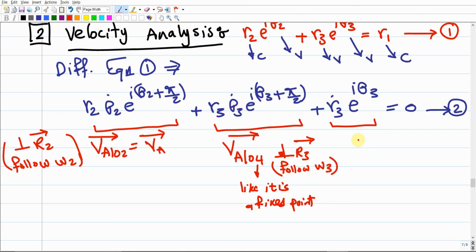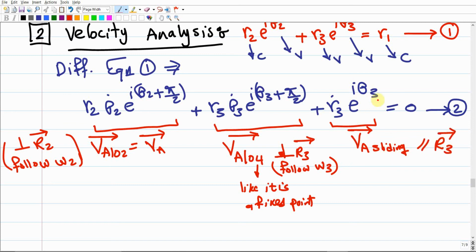But how about this term? This gives the sliding velocity, which should be like the VA sliding. It means that the point A itself has two components of the velocity. One is linear, related to the sliding, and the other is related to the rotation. Make sense? So that's why you would have two terms for the velocity of point A. This is the sliding velocity of the link inside the slider, and it should be parallel to the R3 vector.